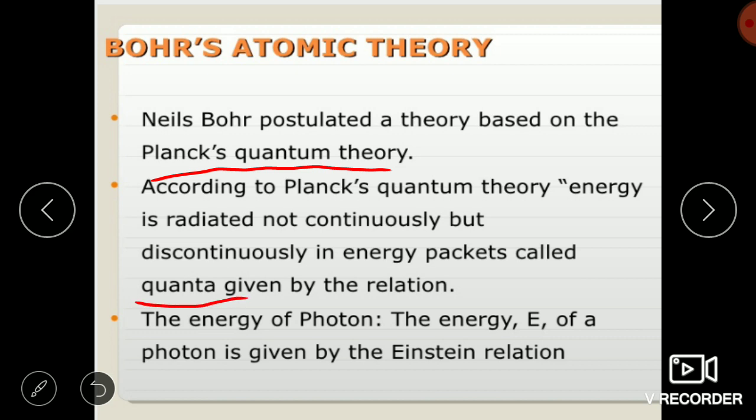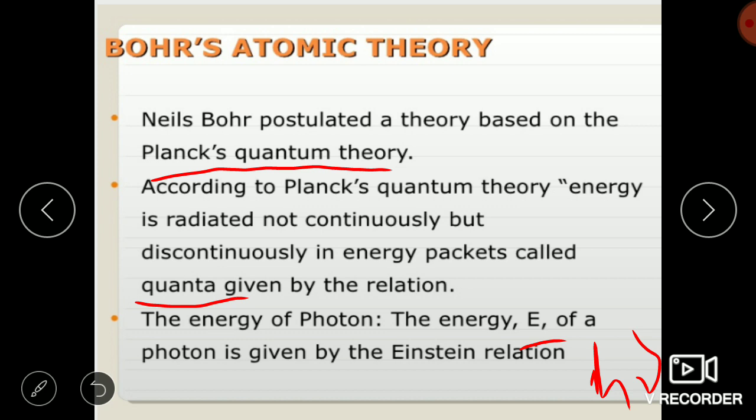The energy value of this quanta is given by capital E, and this energy is derived from the Einstein relation: E is equal to h nu, where nu is the frequency and h is called the Planck's constant. It has a constant value. So where is Bohr's atomic theory derived from? It is derived from Planck's quantum theory, which says that energy of radiation comes in small packets, not continuously.